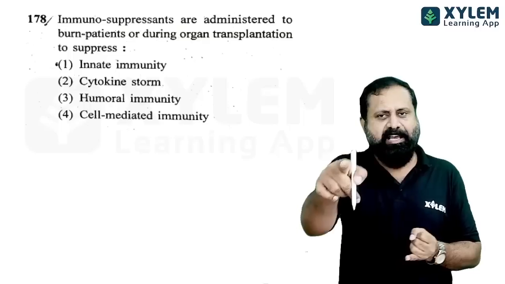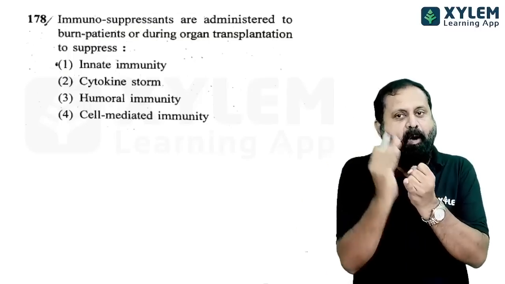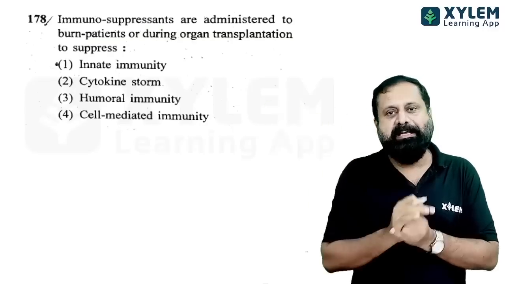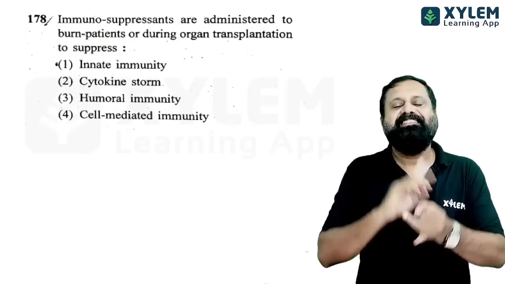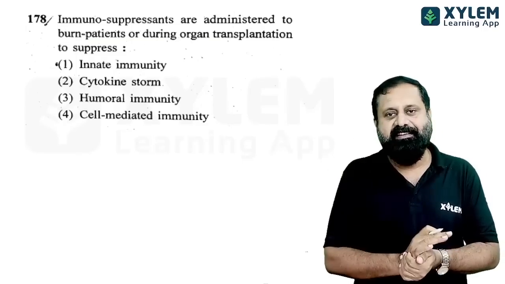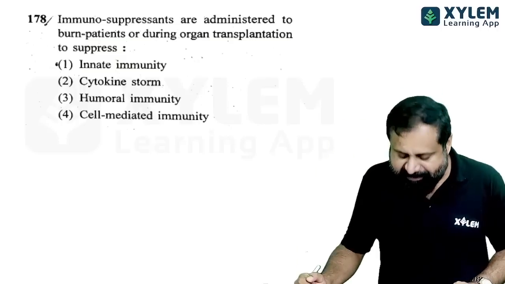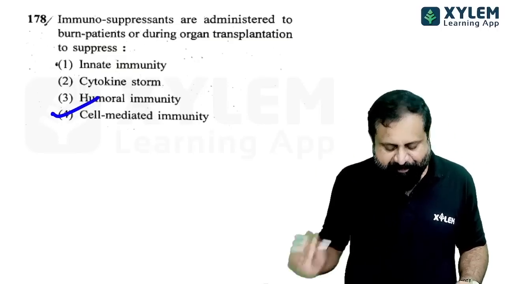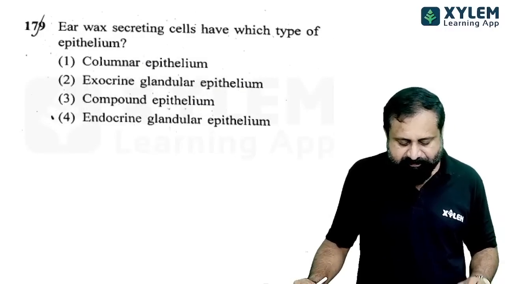Humoral immunity, given in your health and diseases chapter, that is antibody-mediated immunity. Okay, it is operating only in blood. Then second one, cell-mediated immunity. This cell-mediated immunity is rejecting transplanted organs. So answer is 4.